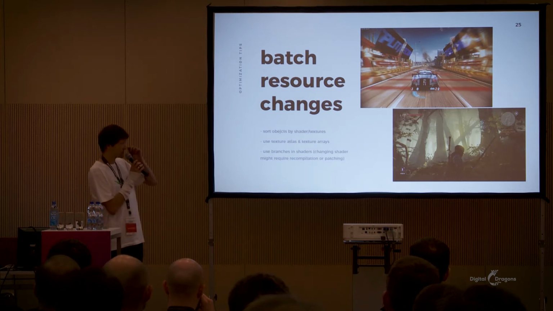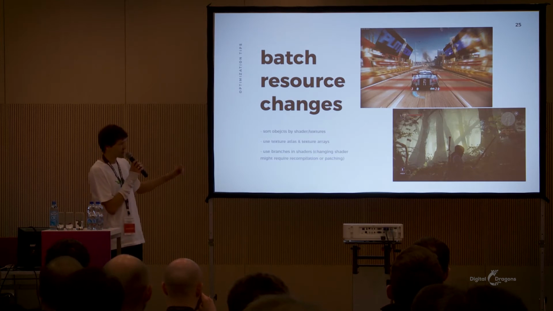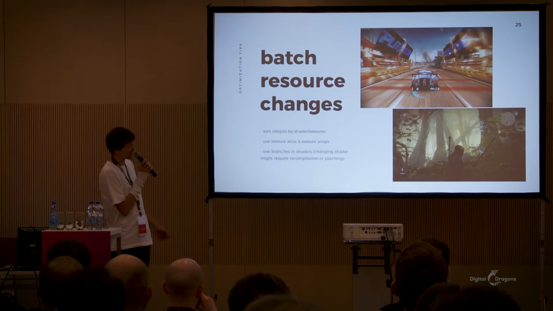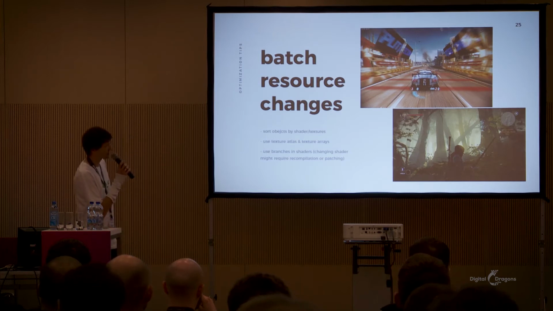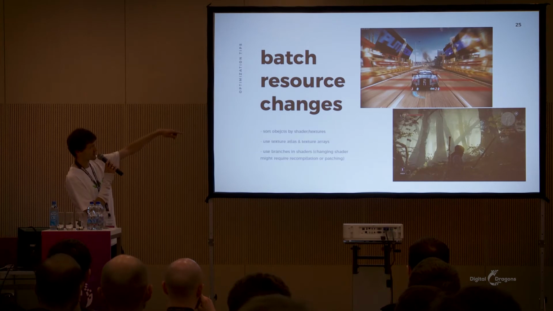Now these two screenshots here show the case where the same shader with a branch operation did not work at all. The above one is the game Split Second, where there was just one shader for coloring the sky and coloring the ground. As you can see, the sky is clearly distinguished from the ground, so it was working okay.